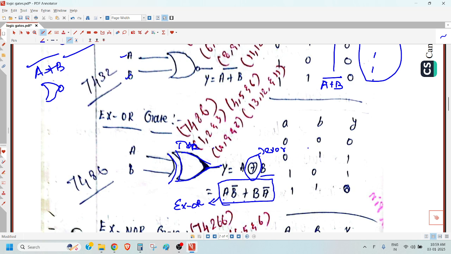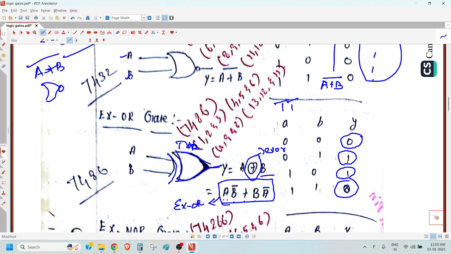Just remember it. As per that, we are going to draw the truth table for A, B. For 0 0 you get output 0. For 0 1 you get output 1. For 1 0 you get 1. For 1 1 you get 0. This is the combination of A B bar plus B A bar.